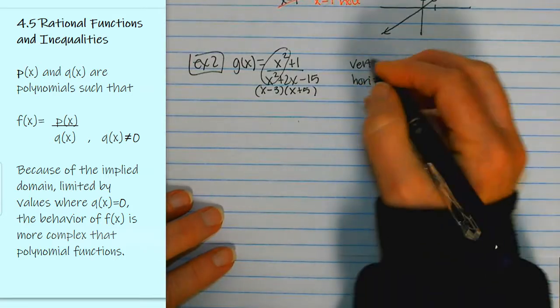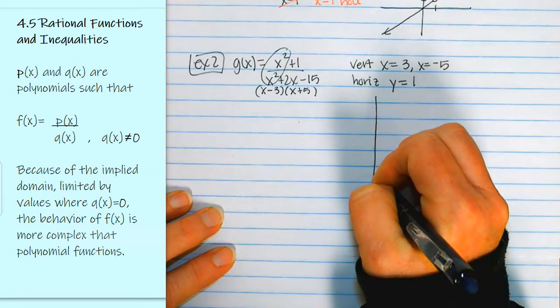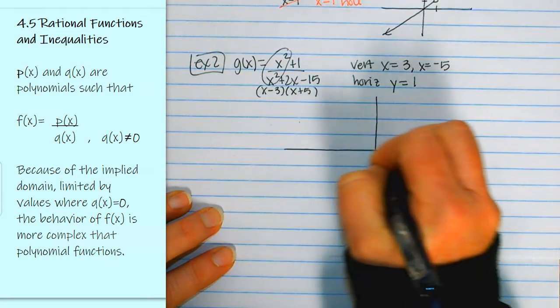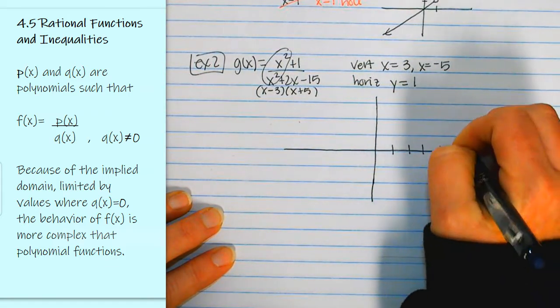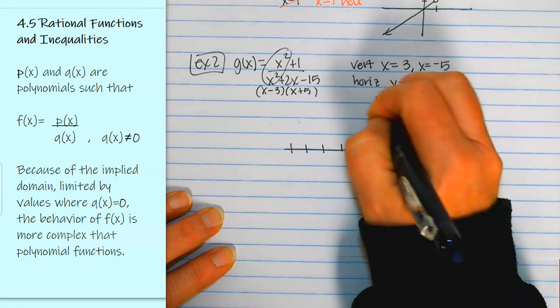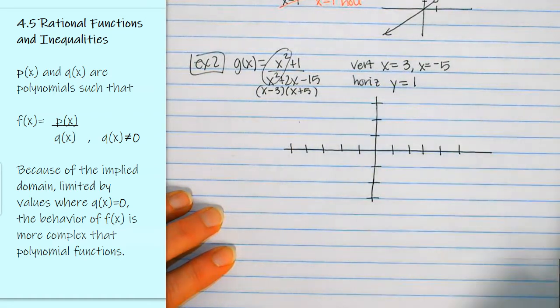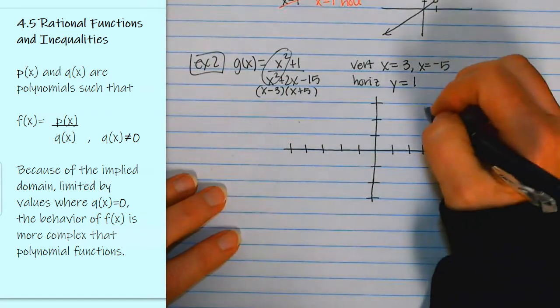So here starts my sketch. One, two, three, four, 5. 1, 2, 3, 4, 5. Okay, so I have some dotted lines to draw. My vertical asymptote at x equals 3 will be here.